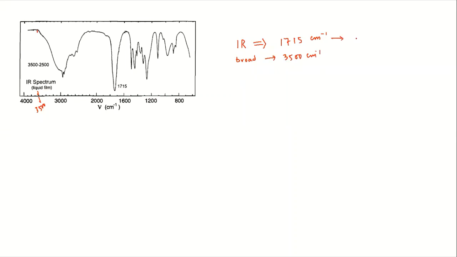The carbonyl at 1715 is a lowish value, so you have a carbonyl, maybe the keto or maybe the acid. From the broad peak, you may have an OH group, or you may have an amine also. We don't know; we have to confirm that by looking at other spectra.